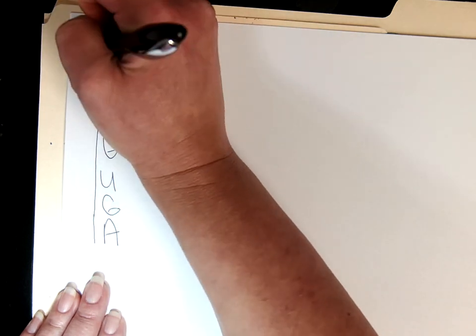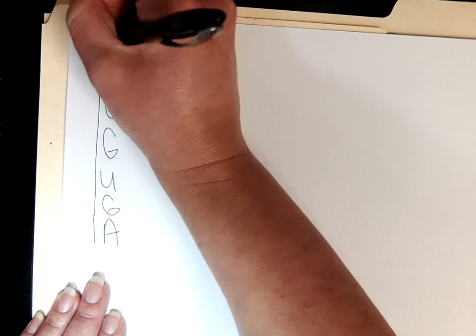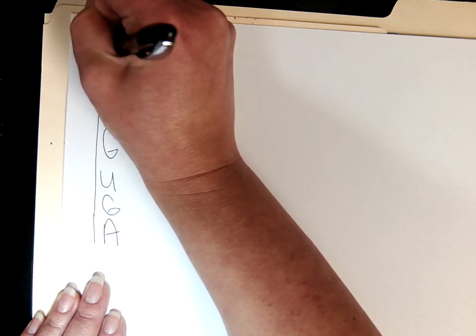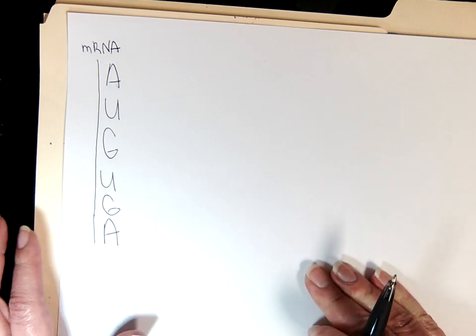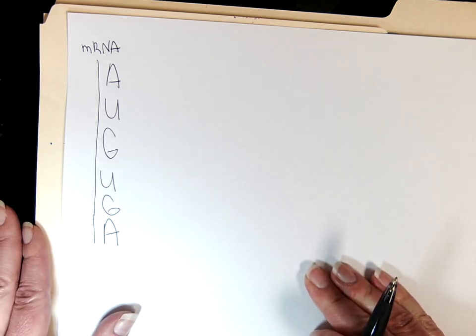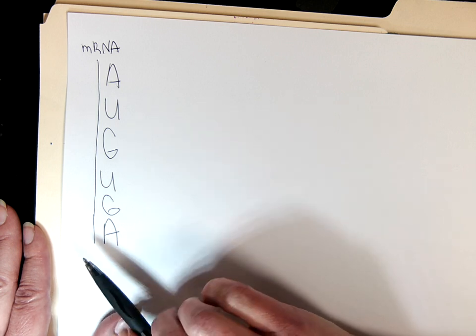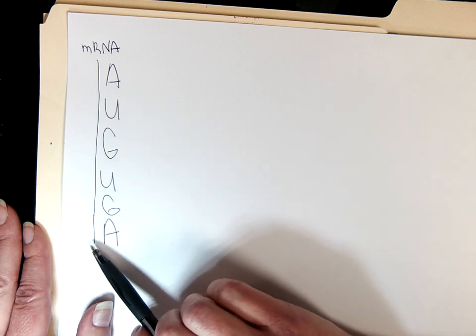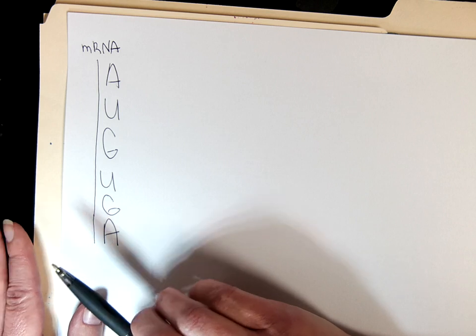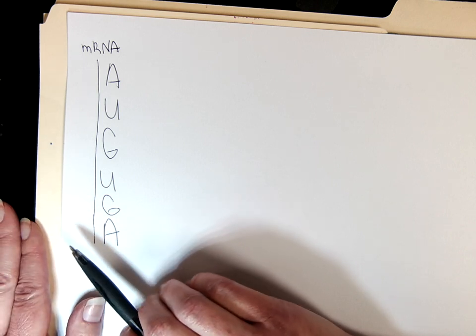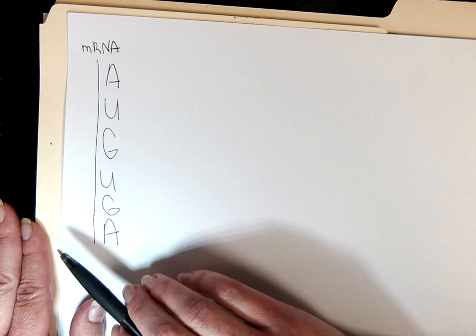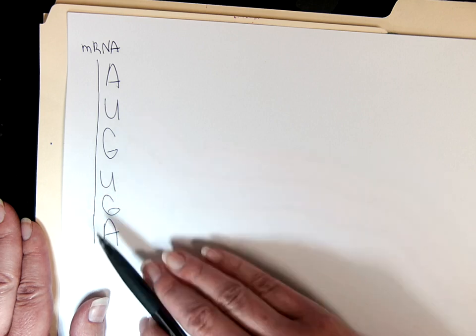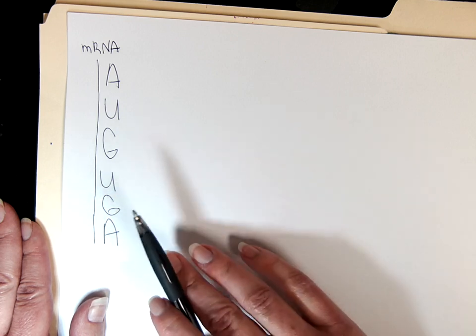So this is our messenger RNA that we transcribed from a piece of DNA in the nucleus, and then it detached from the DNA, and the DNA, the double helix, can go back together, and it has traveled out of the nucleus to the ribosomes to be translated into the proteins that we need.